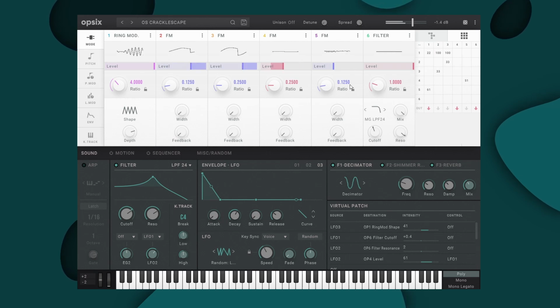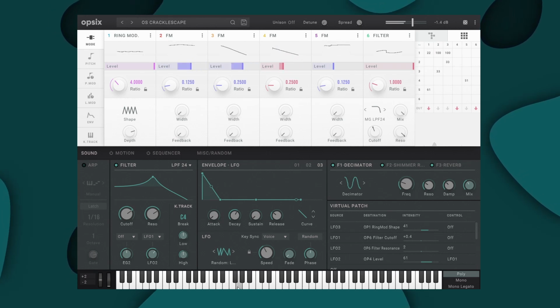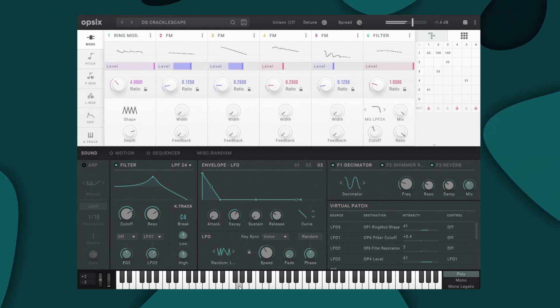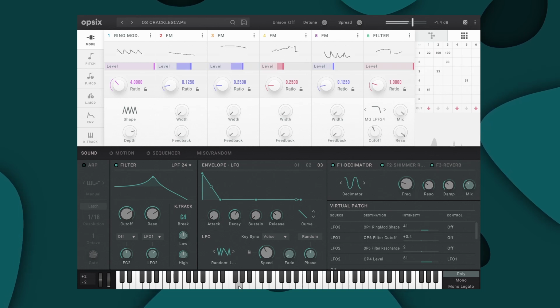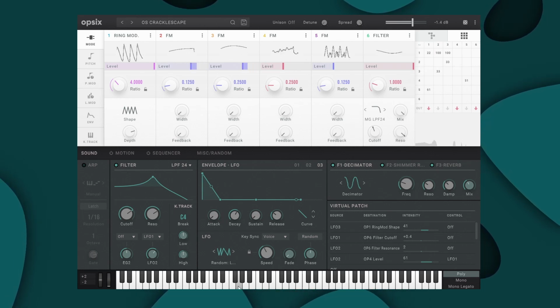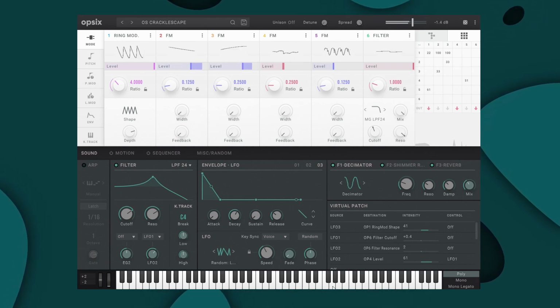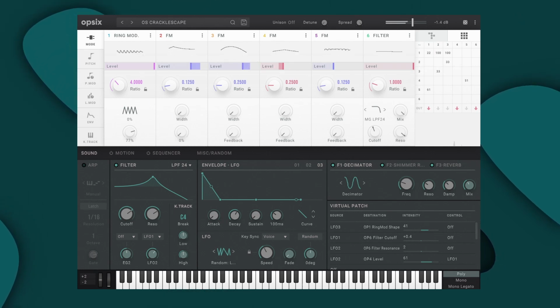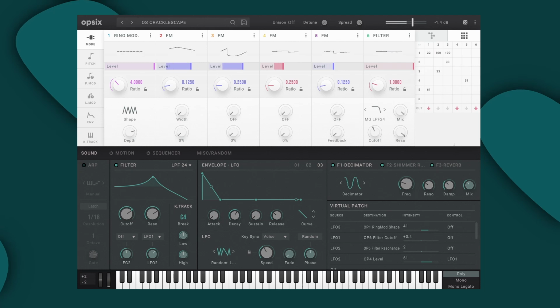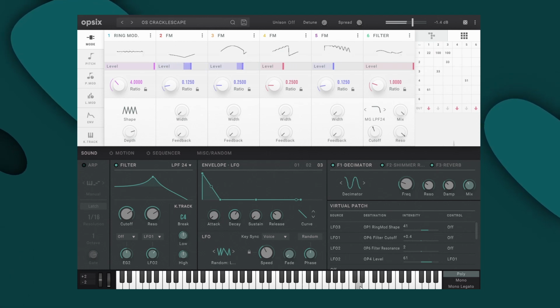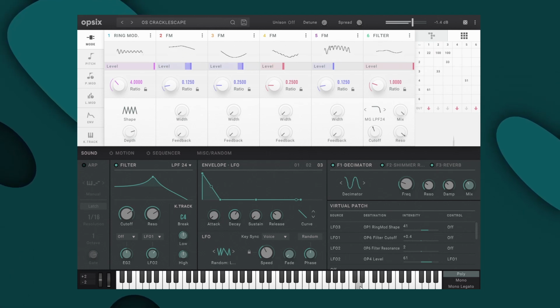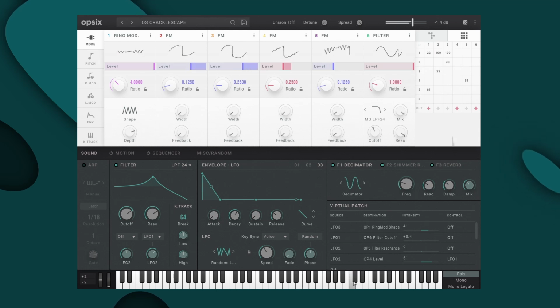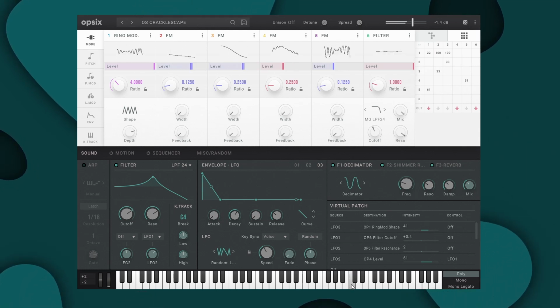You can see most of these operators are extremely low-tuned, and that's what gives us that crackling, insectoid, amphibian kind of thing. So in many cases, having a higher tuned operator that you're listening to and then these very, very low-tuned modulators is a good way of getting these cool organic sounds.